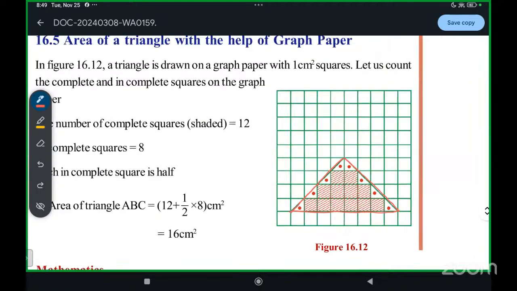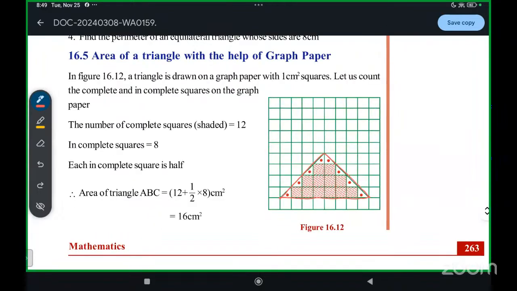What I will do is see how many squares it is covering on the graph paper.